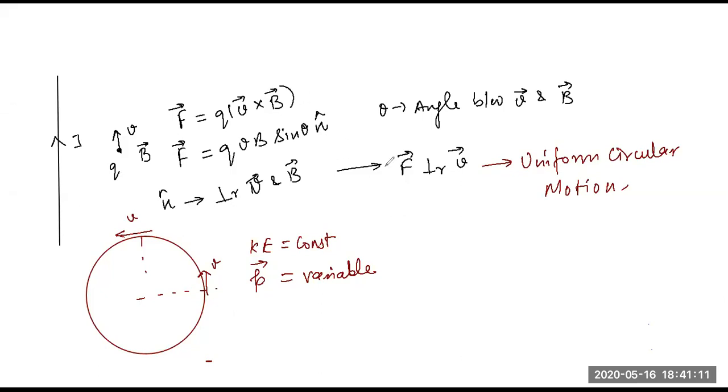Then I told you, if you compare circular motion with this, then the force which is acting towards the center, which we call centripetal force, will always have a value of mv square by r.